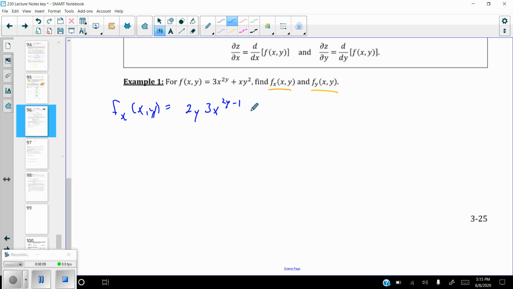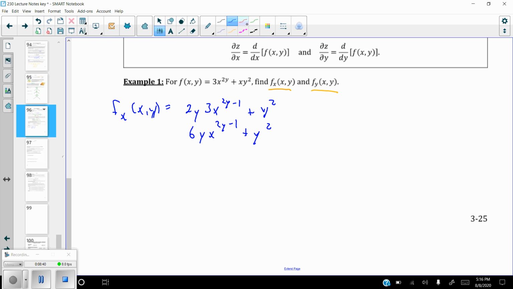And then the second part, xy squared. Again, remember the y squared is like a constant. So the derivative of x is just 1. So then that's just y squared. And I'm going to clean this first part up because we have 2 times y times 3. So that's really 6y x to the 2y minus 1 plus y squared. And there you go. That's the partial derivative with respect to x.